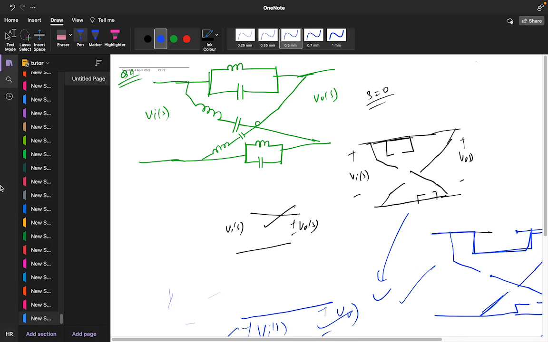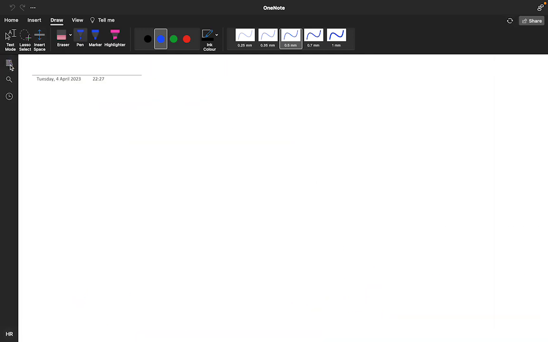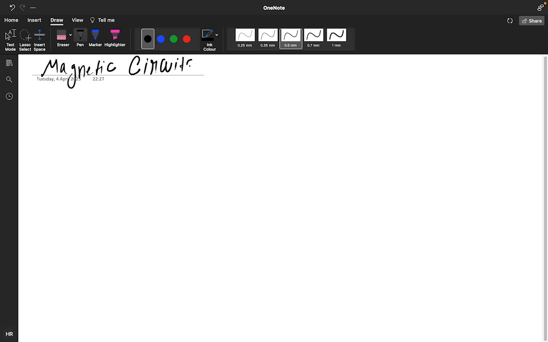Now the last topic of the network is magnetic circuits, the last part of the network.